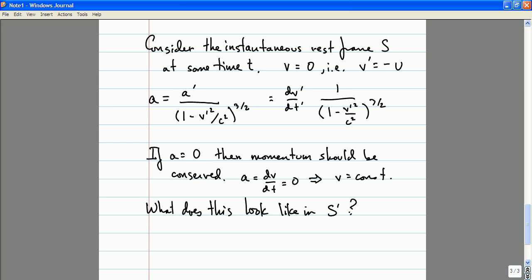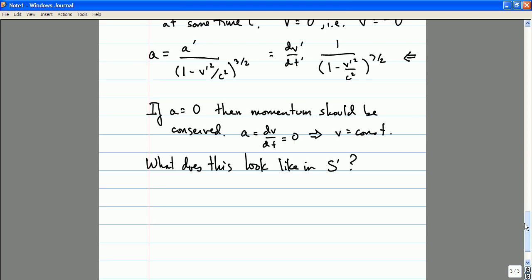Well, if there's something conserved in the S frame, there should be something conserved in the S prime frame. And in order to determine what it is, we can stare at the right-hand side of that formula. The statement that something is conserved is the statement that the time derivative of something should be equal to 0.